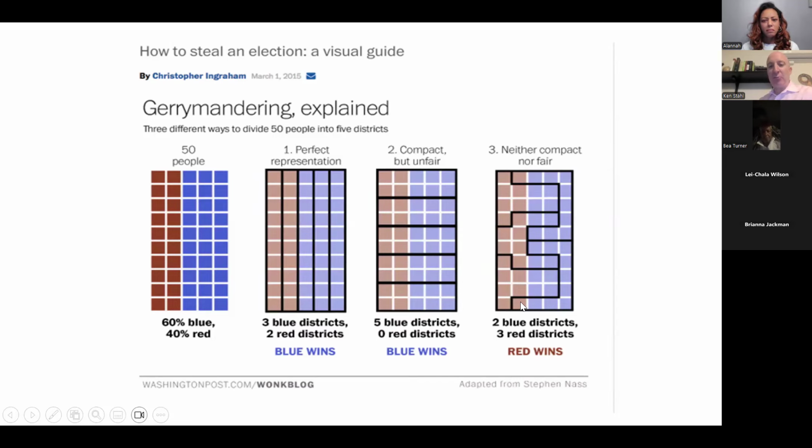And in the third one, the blue voters would not be silenced, but they would not be represented to the degree that is proportional to their share of the population. So that's what's often perceived as the democratic problem presented by gerrymandering.